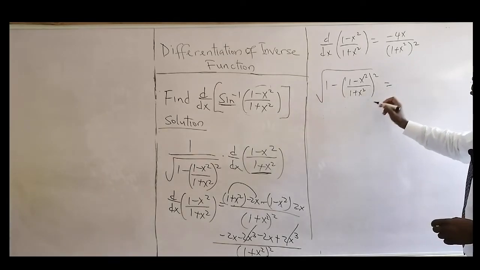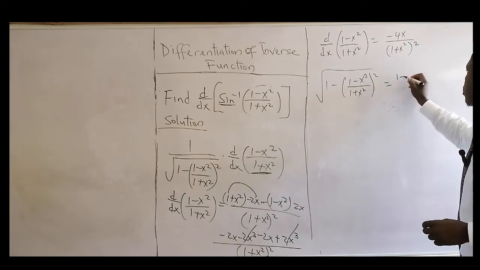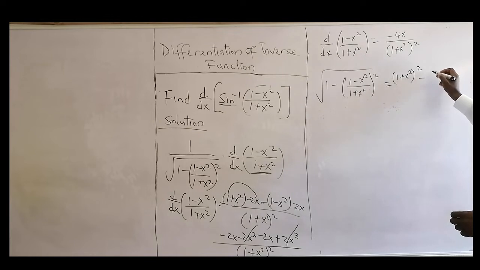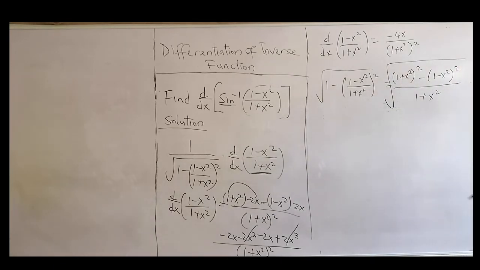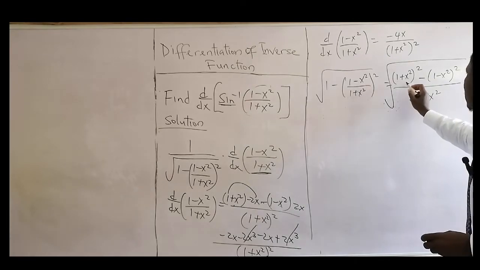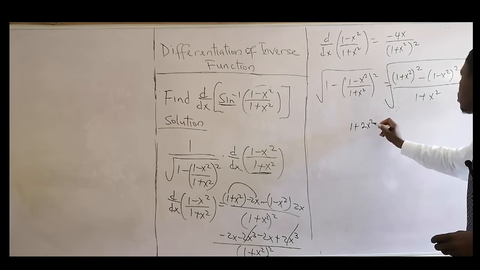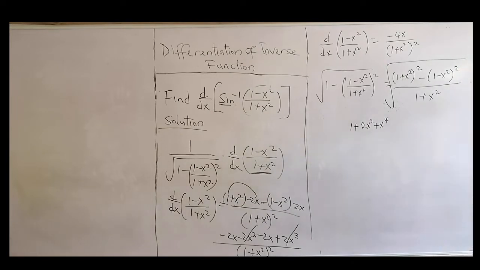So this will equal, this one times this one, that's 1 plus x squared to the power 2 minus 1 minus x squared to the power 2, all over 1 plus x squared, square root. We can do the expansion. 1 plus x squared to the power 2 will be 1 plus 2x squared plus x to the 4. Then for this one, that will be minus 1. This one times this one, that's minus.